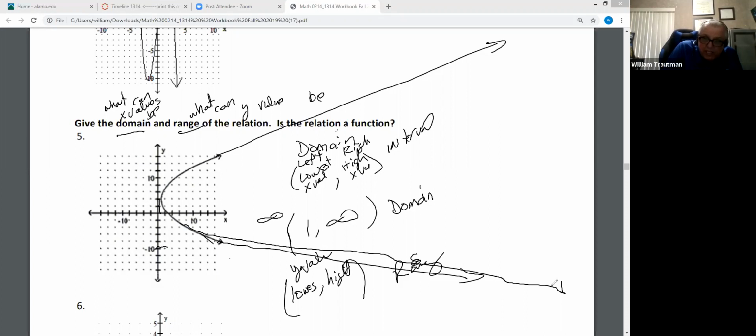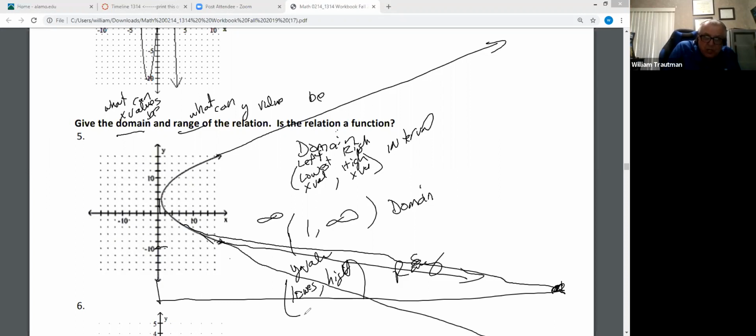At -20, there is a graph because the graph goes there. This is going down slowly, but it is going down. So that's going down to -infinity. The range, the smallest y value is -infinity.